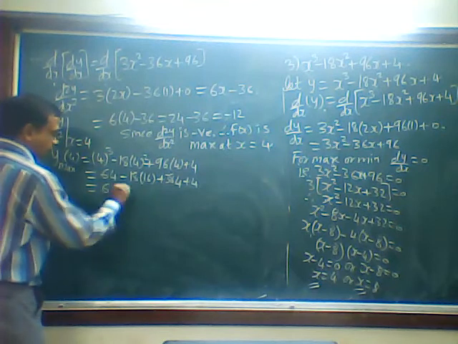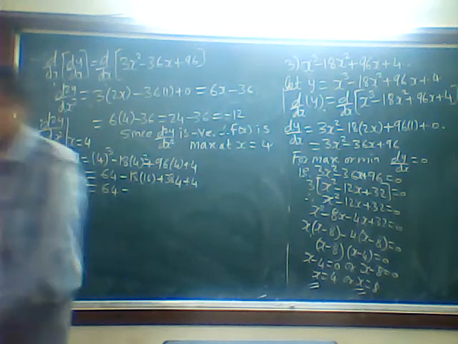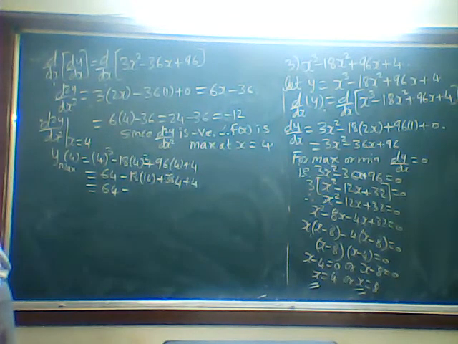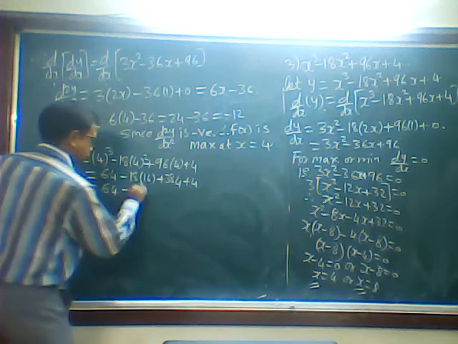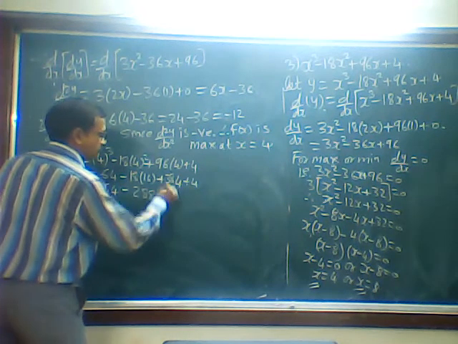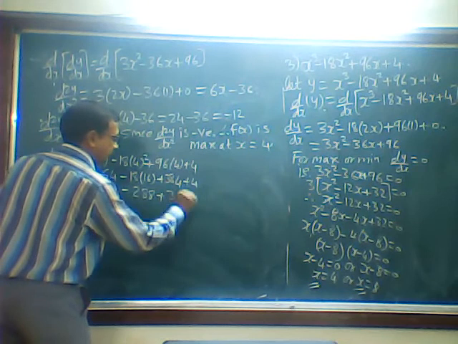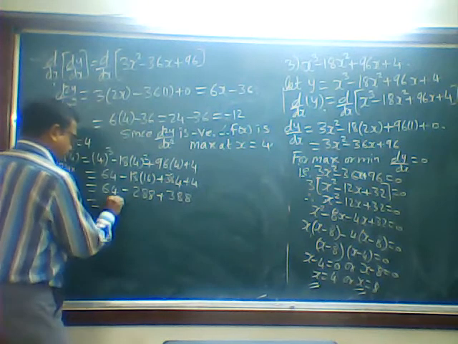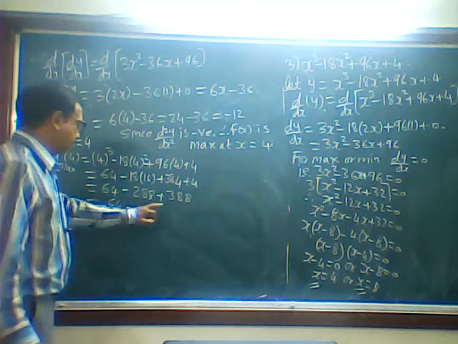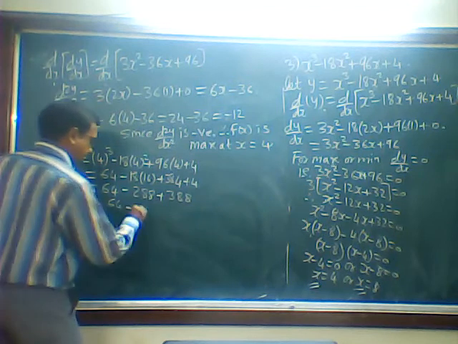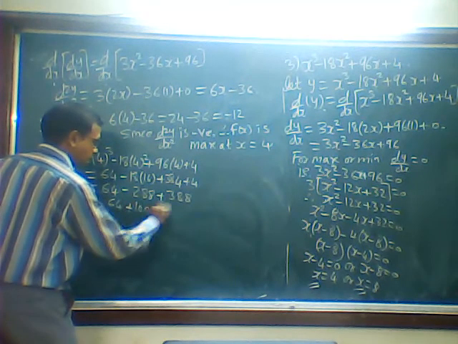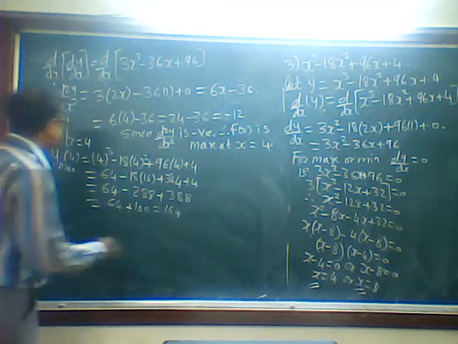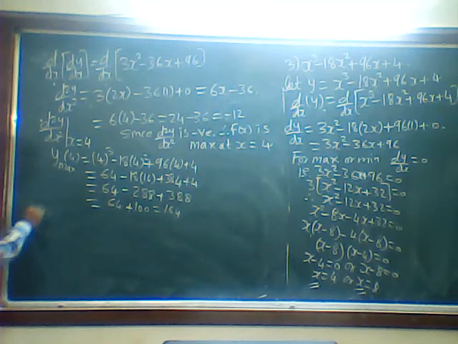So 64 minus 18 into 16 is how much? 18 into 16, 288, plus 384 plus 4 is 388. Okay, 388 minus 288 means I'll get plus 100. That will be 164.